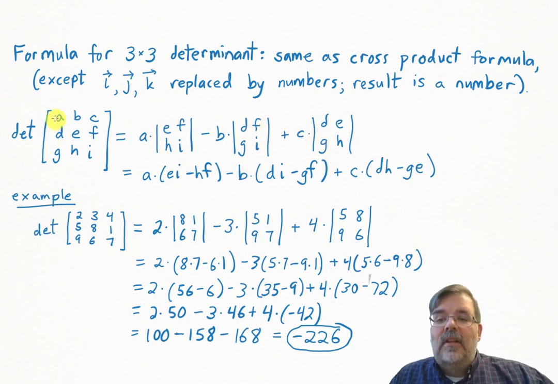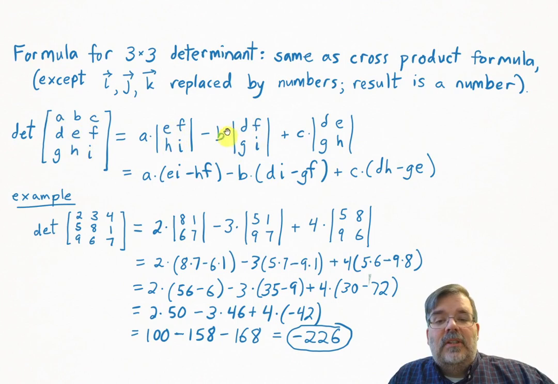And in this case, to calculate the 2 by 2 matrix, it's the same process as when we calculated the cross product. The 2 by 2 matrix associated with A, well, to figure that out, we'd ignore all the values in the same row and column as A, and the remaining values form that 2 by 2 matrix.